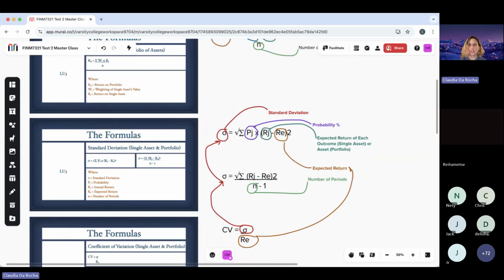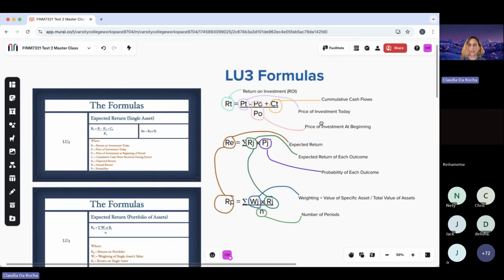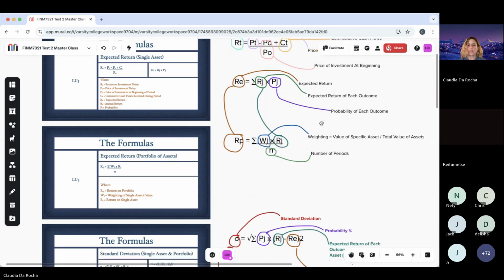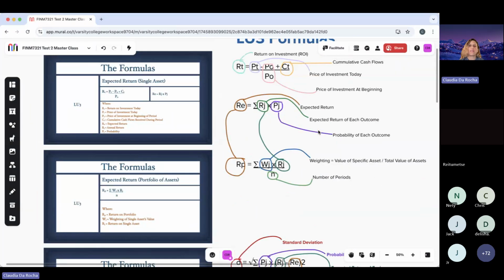Just checking, where's the RN? Oh, you're talking about the previous formula in the actual chat. RN just means return of an asset. That's all that it means.